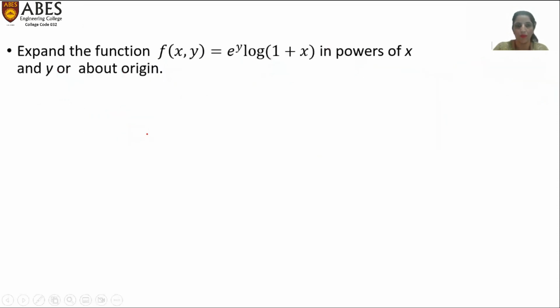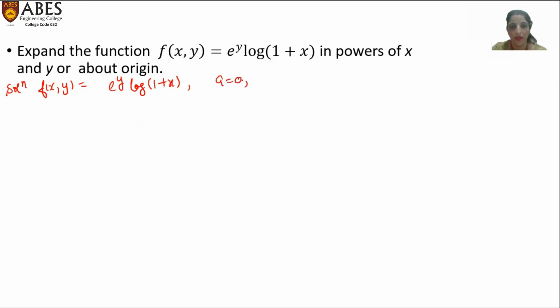Now we are going to discuss one more numerical: to expand the function f(x, y) = e^y log(1 plus x) in powers of x and y, or we may also say to expand this function about the origin. So here the function is e^y log of (1 plus x).